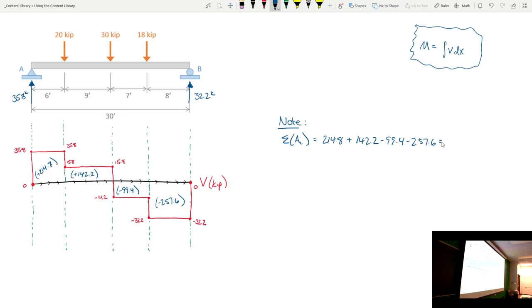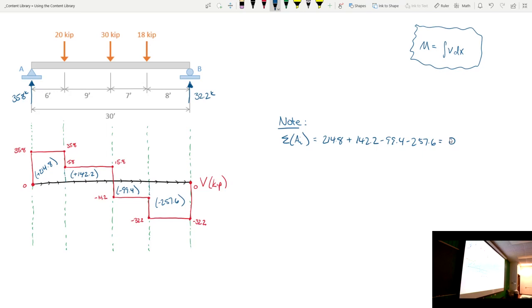What do you get when you sum those areas up? 0. Interesting. It's almost like integrating the shear diagram will tell us the moments, and it's almost like the sum of the moments are 0. It's almost like this beam is in static equilibrium.